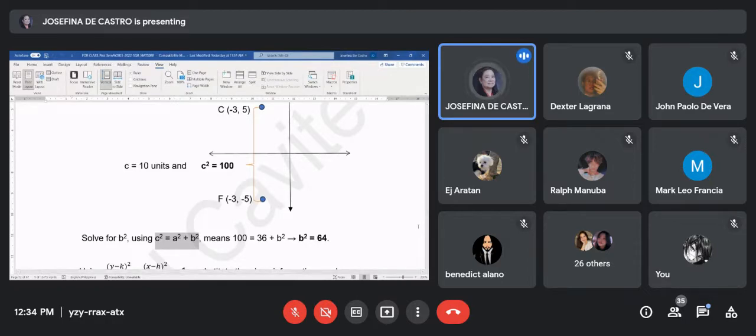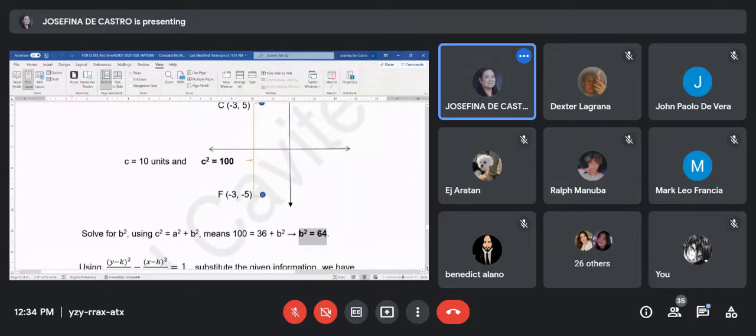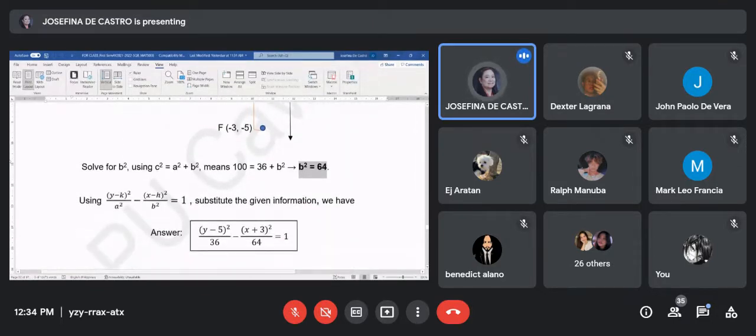Okay? Take note of that. Yung minus ay para kay ellipse. So, magiging 100 is equal to 36 plus B squared. Therefore, B squared is equal to 64. Okay? And then, since siya ay vertical, so ito po ang gagamitin mong formula.